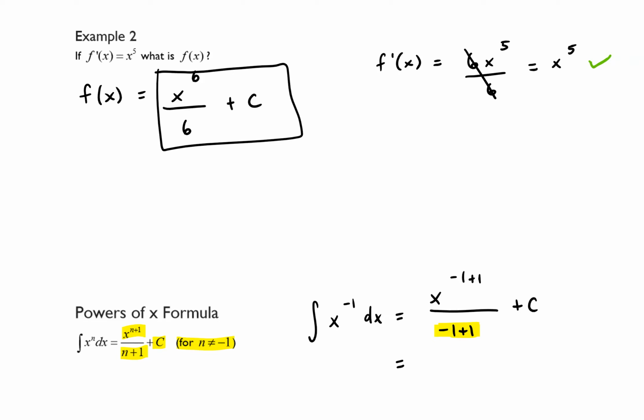Hopefully you are aware of that by this point. So you'd have x to the 0 over 0 plus c, which is undefined. So this formula works as long as n does not equal negative 1. If it did equal negative 1, if you were wanting to integrate this function, you would have to use a different method that we will see later on in the course.